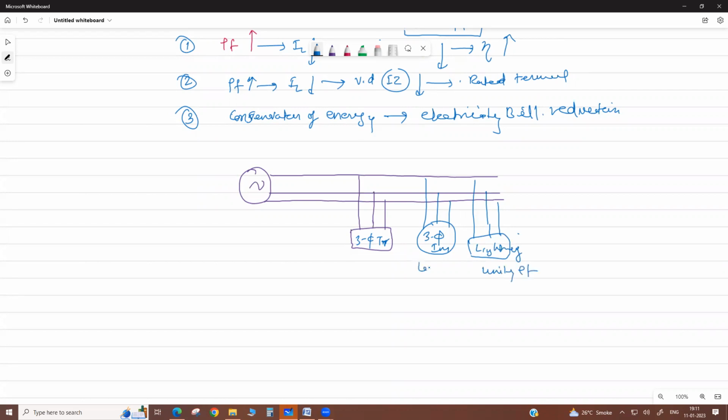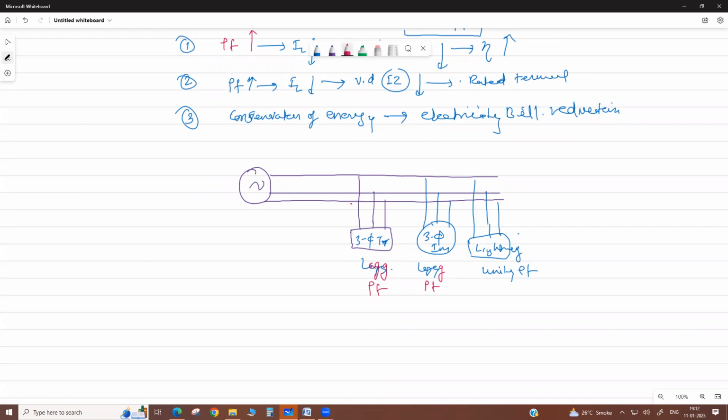But the others have a lagging power factor. Lagging means reactive loads. Lagging power factor means inductive loads. What is the property of inductive loads?